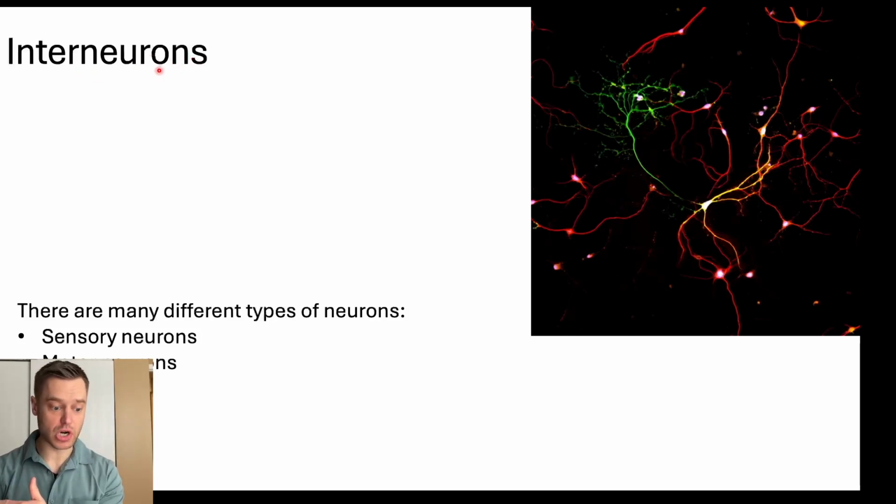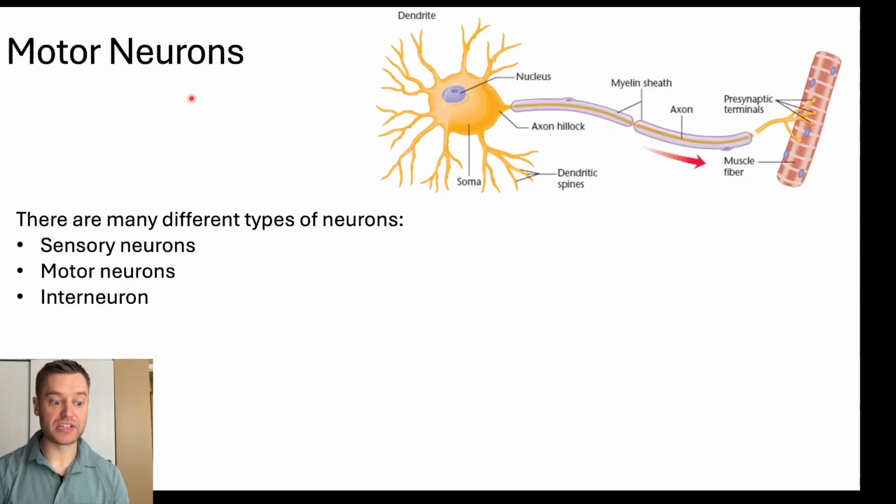Again, through the interneuron, and it's going to be talking to motor neurons. Now motor neurons are going to be actually innervating the muscle.